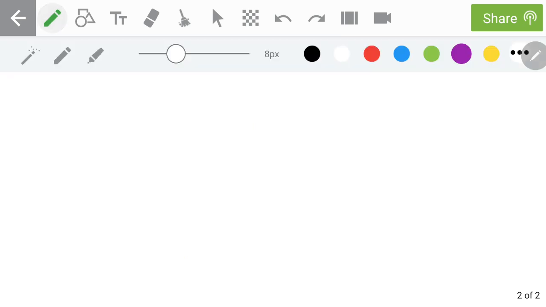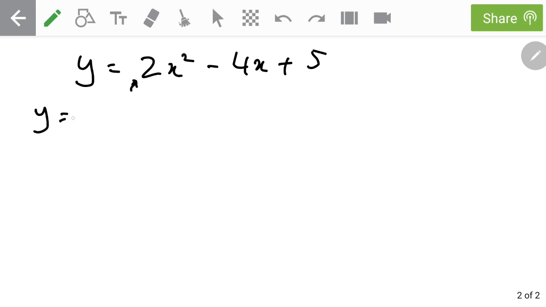I'm going to give you something a little bit more complex, a little bit harder. y equals 2x squared minus 4x plus 5. The first thing, when your a is more than 1, you've got to factor the 2 out.